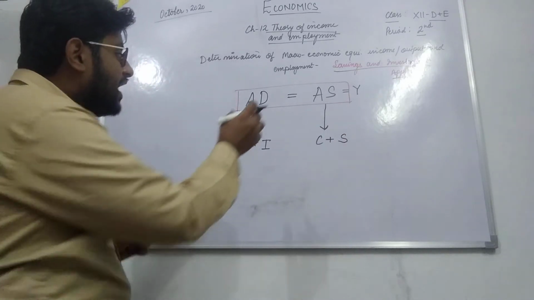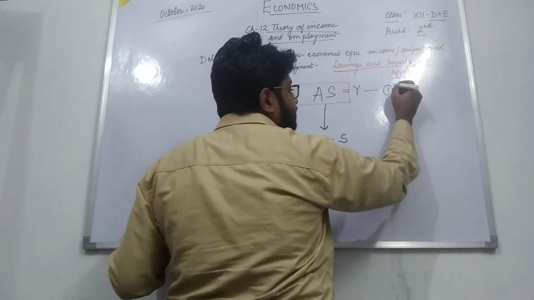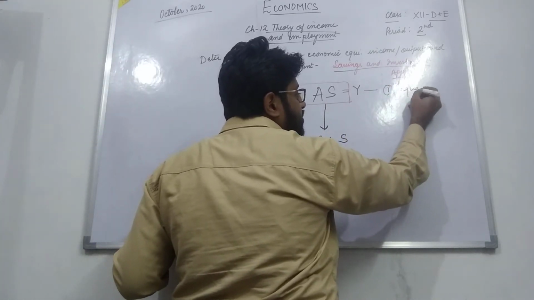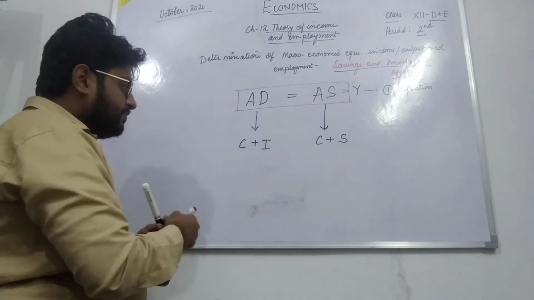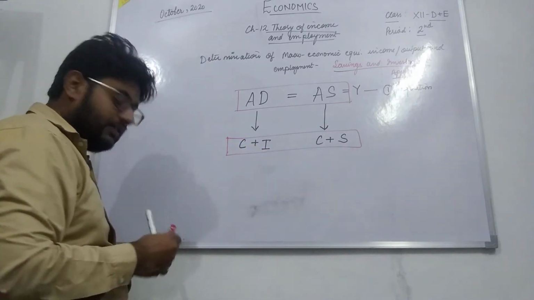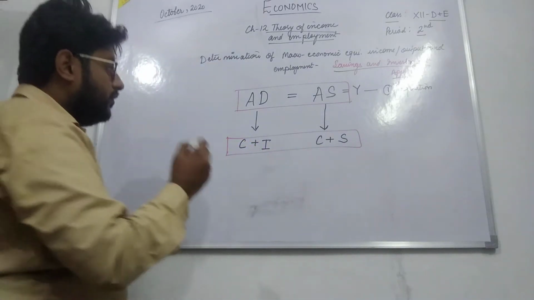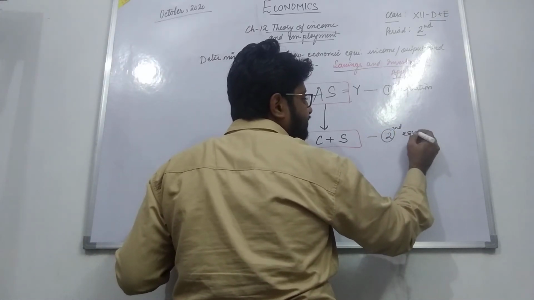That means this identity, this first equation that I have written, when I expand this equation, I have expanded this equation over here. That means I have written the components of the first equation in the second equation.